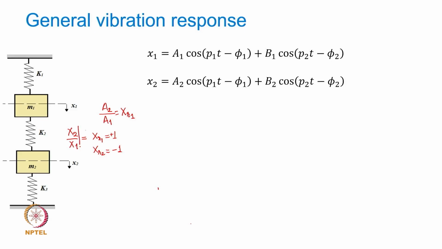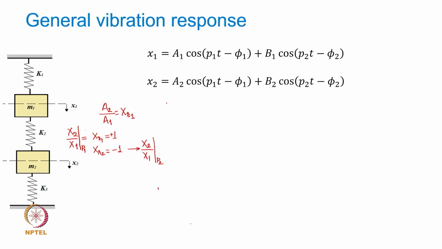So, this is the ratio when the system is vibrating at the first natural frequency, and this one is the ratio of the amplitudes when it is vibrating at its second natural frequency.